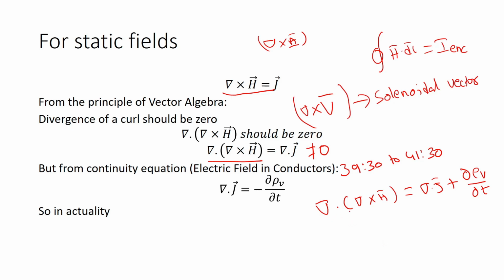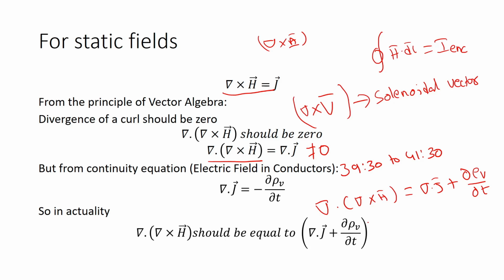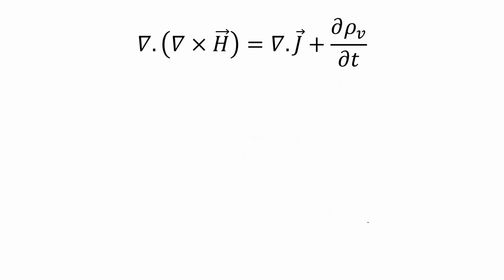Then the divergence would be equal to 0. This is what it should have been written as. But from Gauss divergence theorem, we know that rho v can always be written as the divergence of the electric flux density. That is, rho v is equal to del dot D bar.